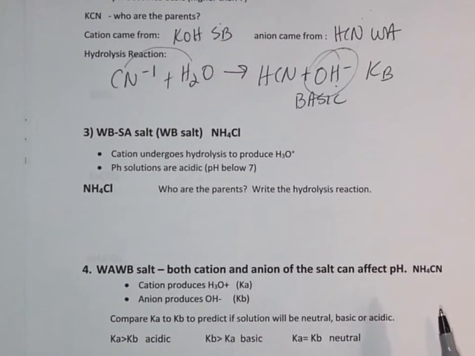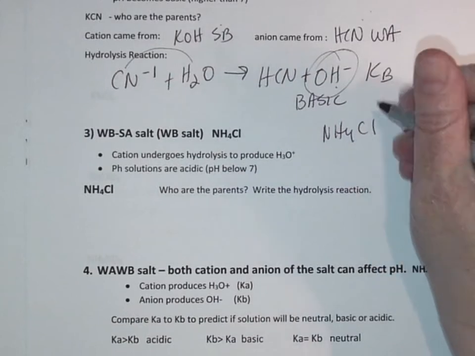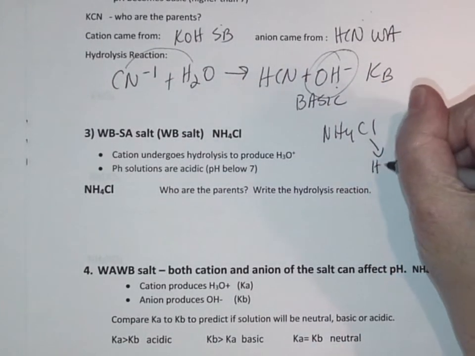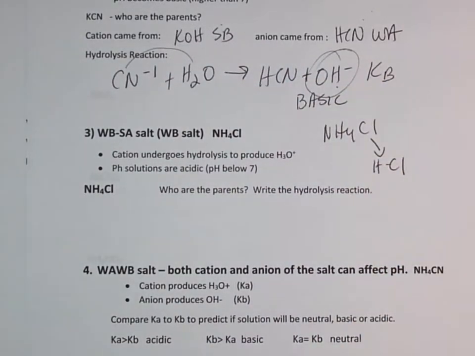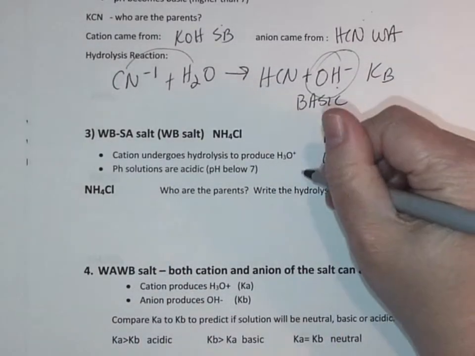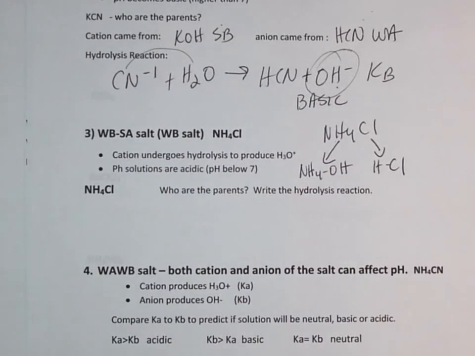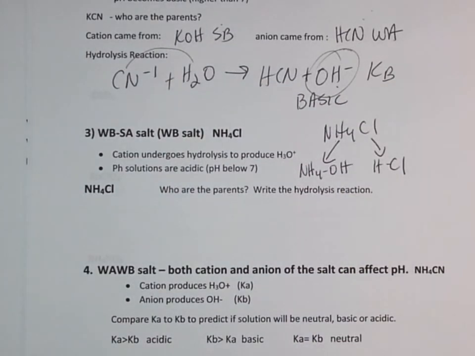Let's go on. Now I have an NH4Cl, and I want to know who the parents were. We know to add the H to this part of the salt, but this is a little bit different here. This really is the base, NH4OH, but we haven't really seen that maybe. We've talked about it in the past.